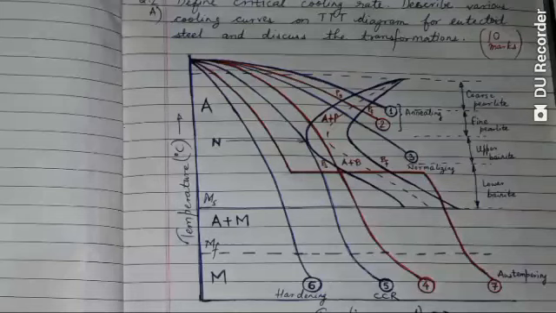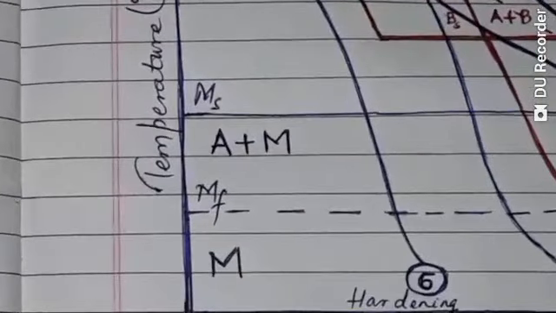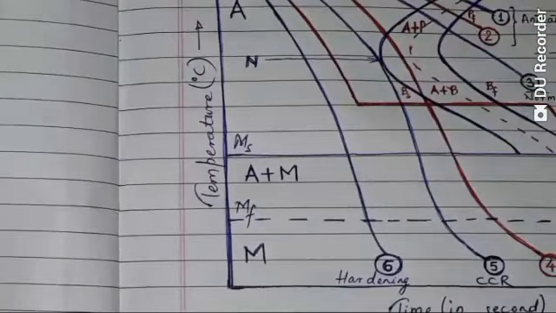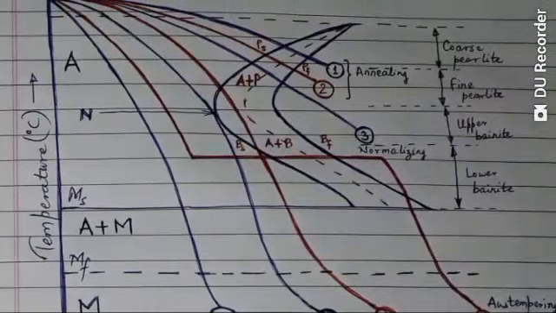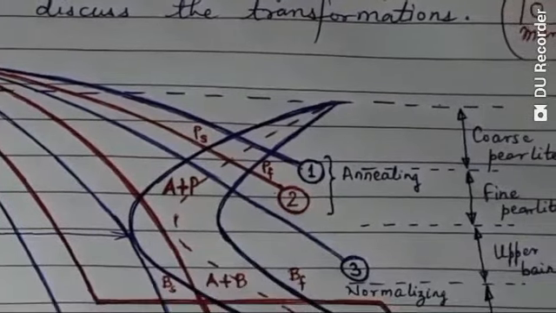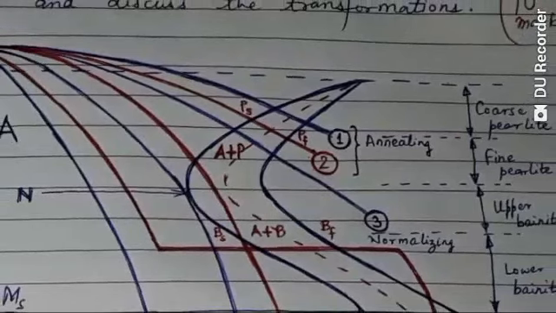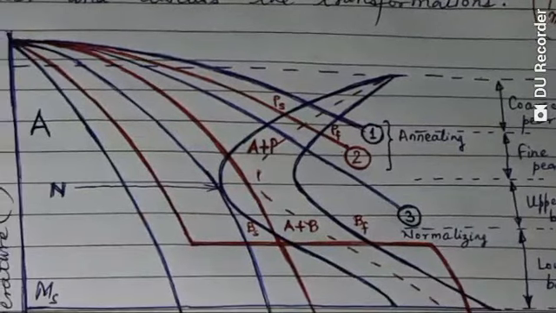And as you can see over here, we have capital A, which is austenite, and here, as you can see, that is martensite, and in between you can see A plus M, that is austenite plus martensite. Here you can see MF, and here you can see MS. So here also you can see on the left side PS, and here PF, that belongs to pearlite, and this is BS and BF, which belongs to bainite, and in between, as you can see, pearlite, and this is A capital, that is austenite.